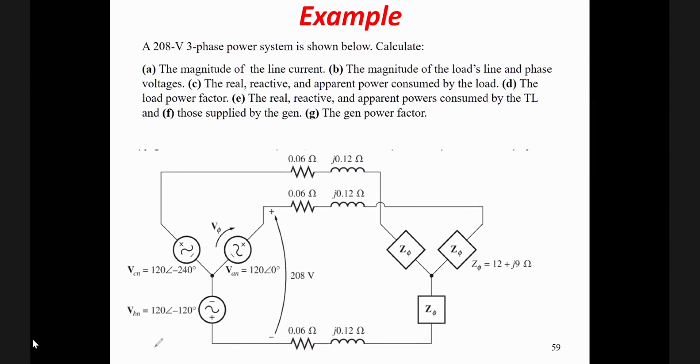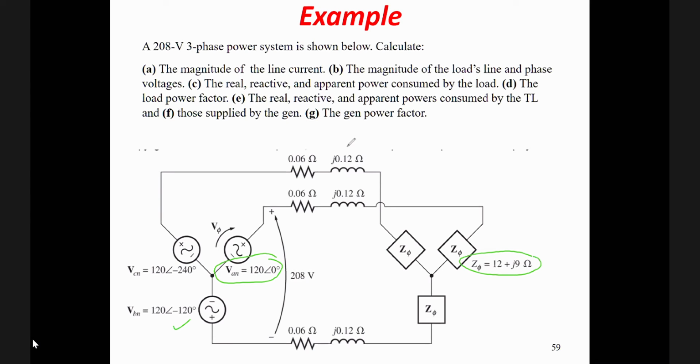This is an example that is already in the textbook. Again, it's basically practice for the previous slide, where we have YY, you have the phase voltage, you have the phase impedance for the Y connection. So if we don't have the transmission line impedance, this is a very easy, classical example.